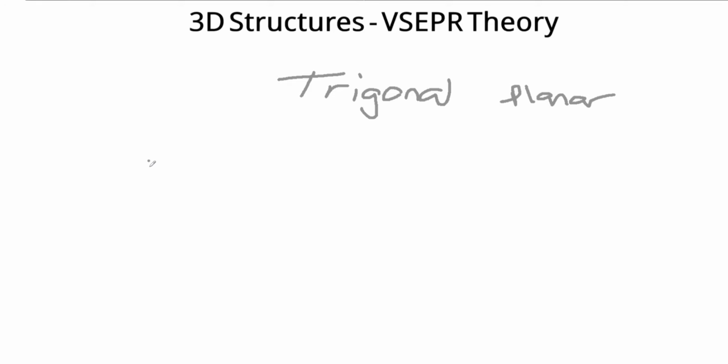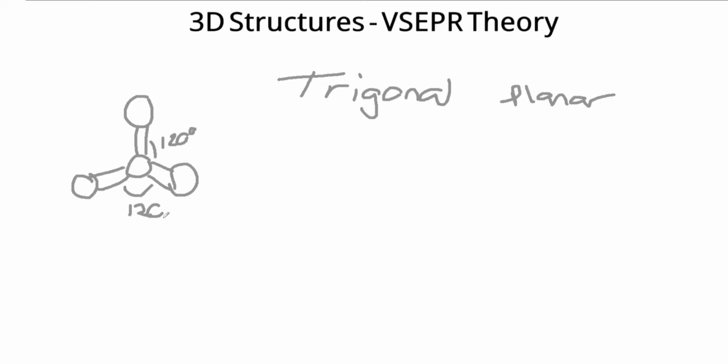Now, the next one is trigonal planar. Trigonal planar is basically a center atom with three elements bonded to it. This is its shape and it has no lone pairs, so the center atom is bonded to three other elements and has only bonding pairs, and each angle is around 120 degrees.